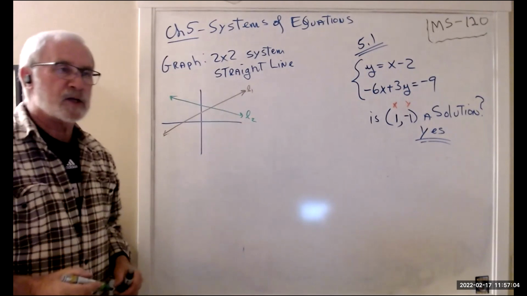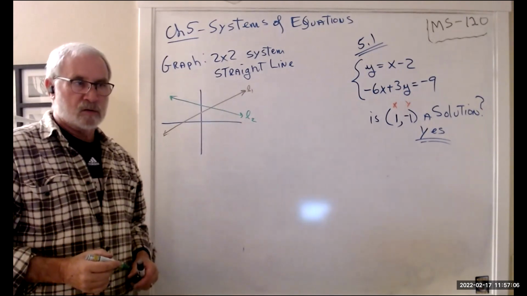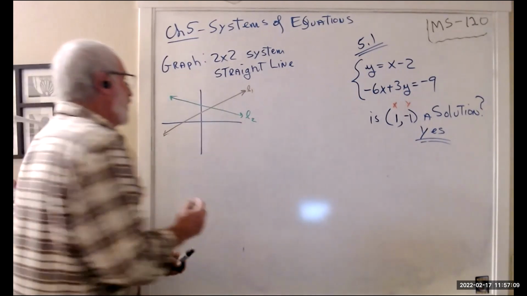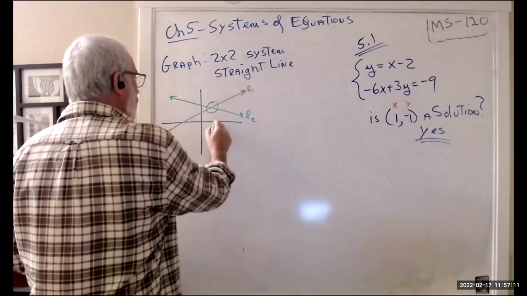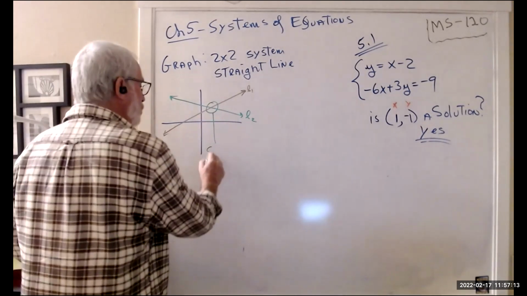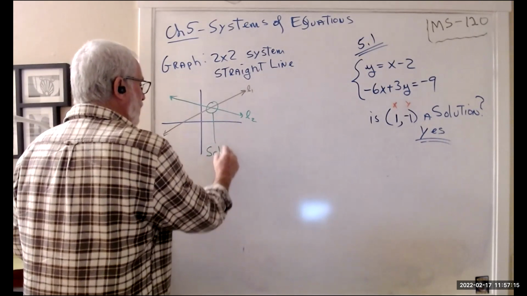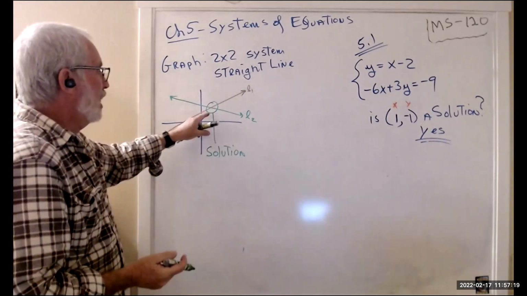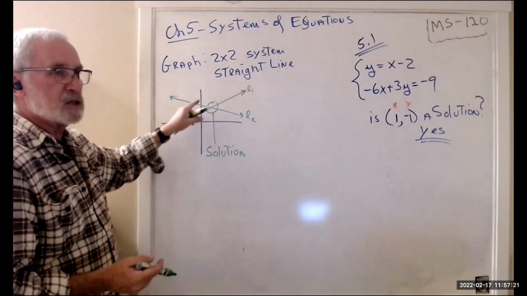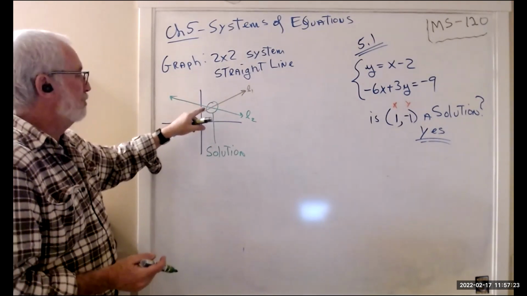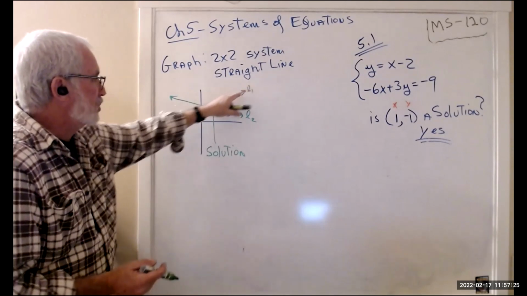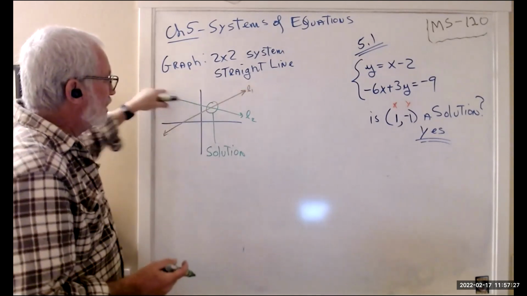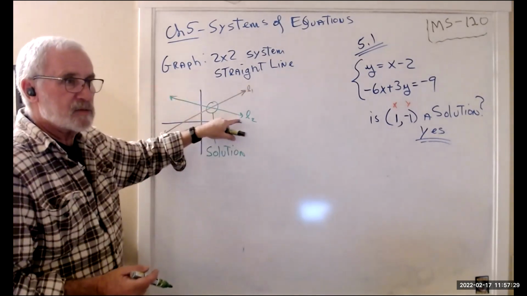And so the two lines cross. Where they cross, whatever that point is, is your solution, because it's the one ordered pair that's on both lines at the same time. It's the point that's on the black line and on the green line at the same time.